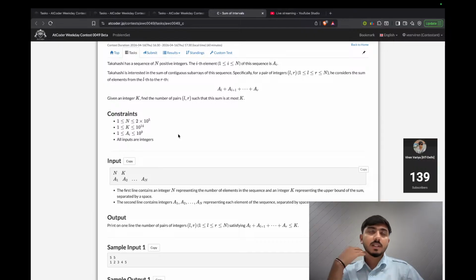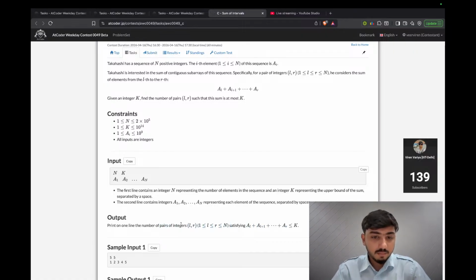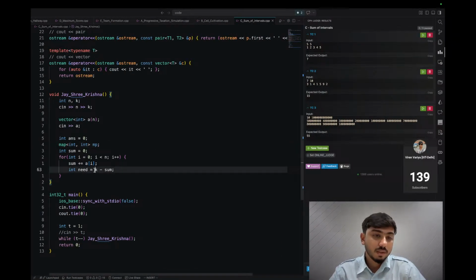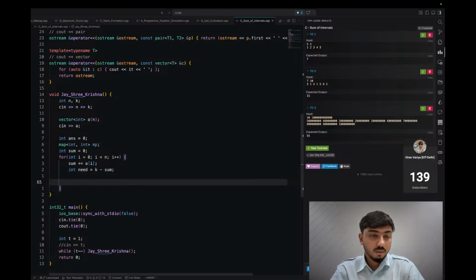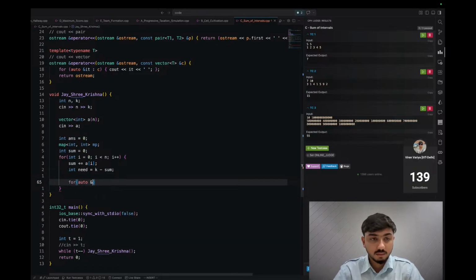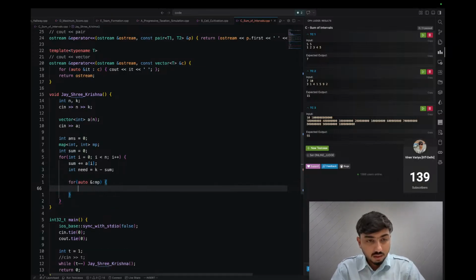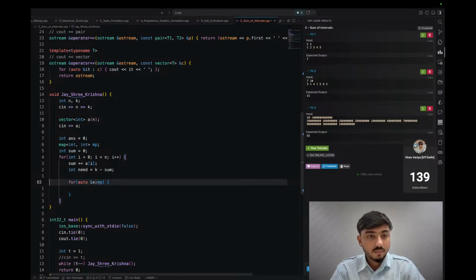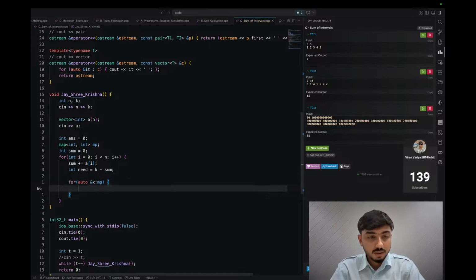We want the number of pairs such that the sum of that pair is at most this, so we need to add all such pairs. We'll do brute force first. We need to add all such pairs.